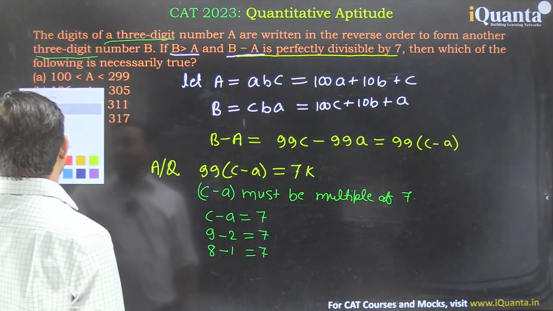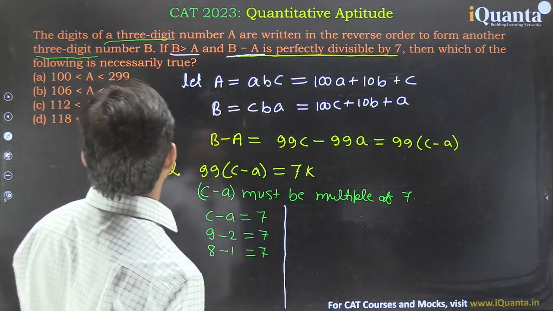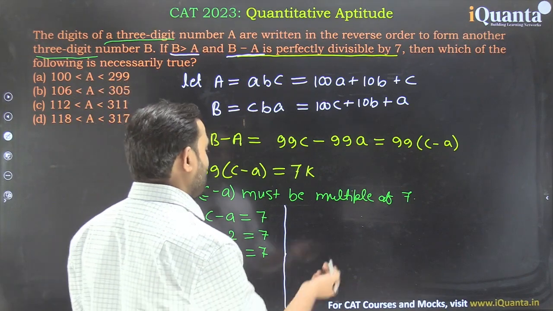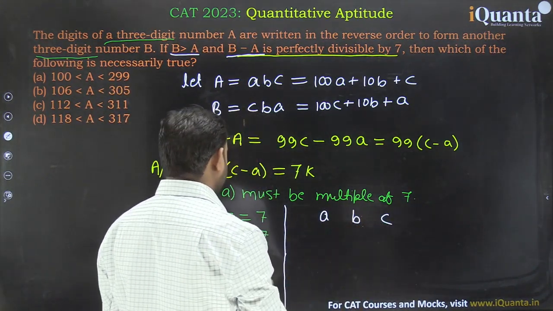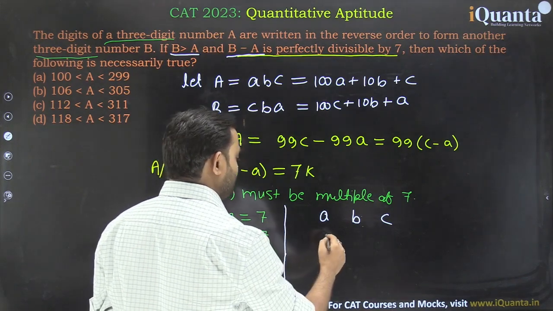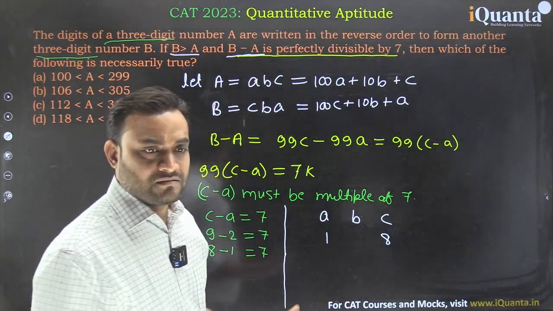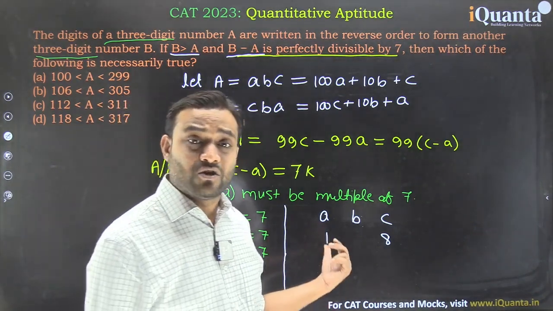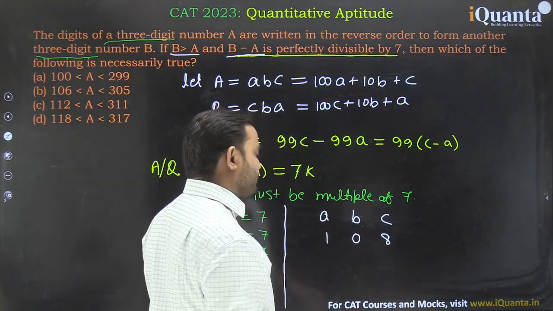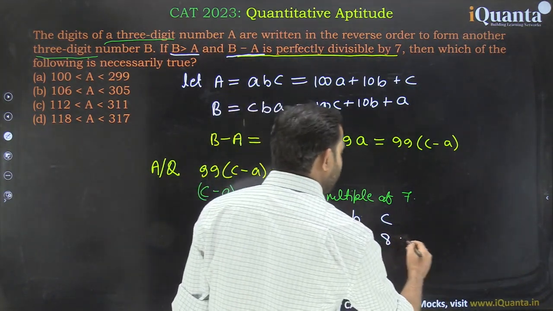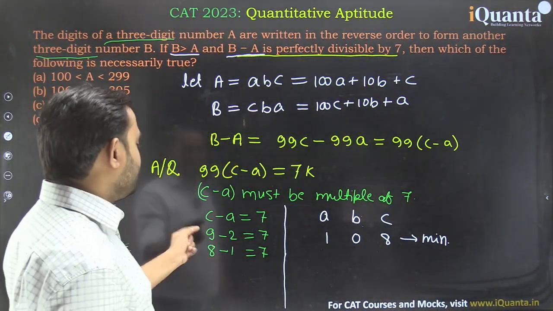Now what could be the values of ABC? They are asking which of the following is necessarily true about A, B, C. If I take the minimum value of A, which is 1, then C will be 8. B could be anything because there is no constraint on B, anything from 0, 1, 2, 3, 4, 5. So this will be our minimum value of ABC. What will be the maximum value when we take the second condition?